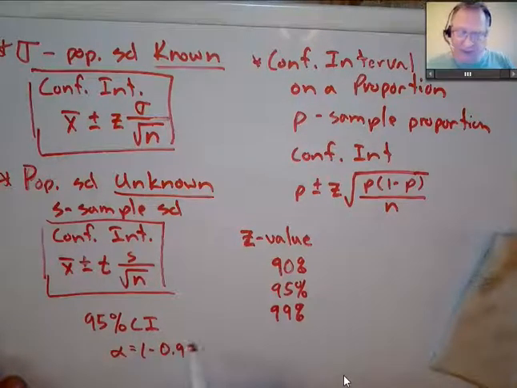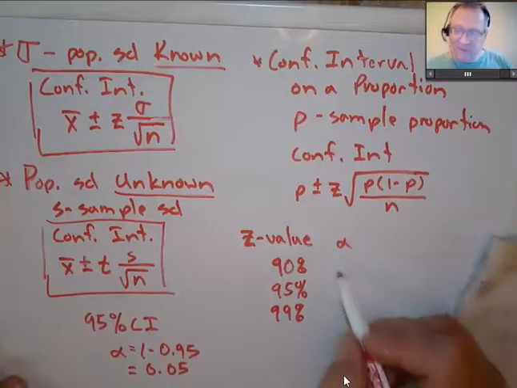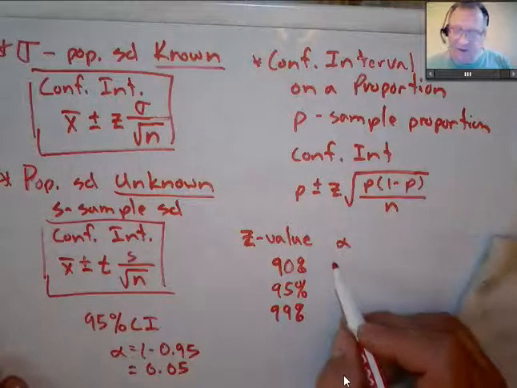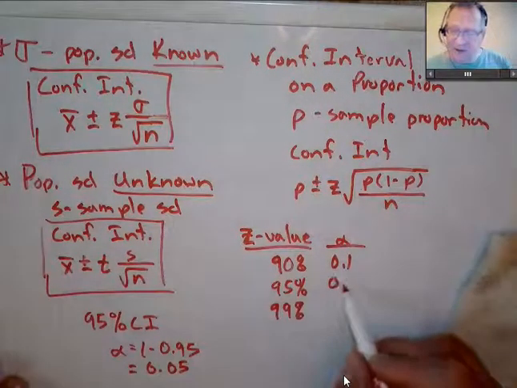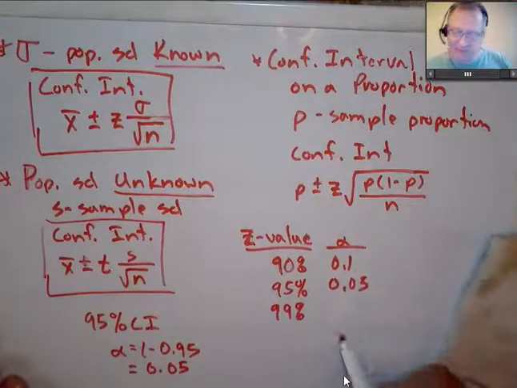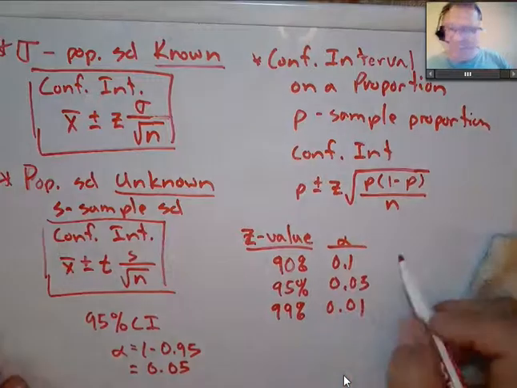So it would be 1 minus 0.95 or 0.05. And let's see, so the 90 would be the 0.1, 95, 0.05, and 99, 0.01.